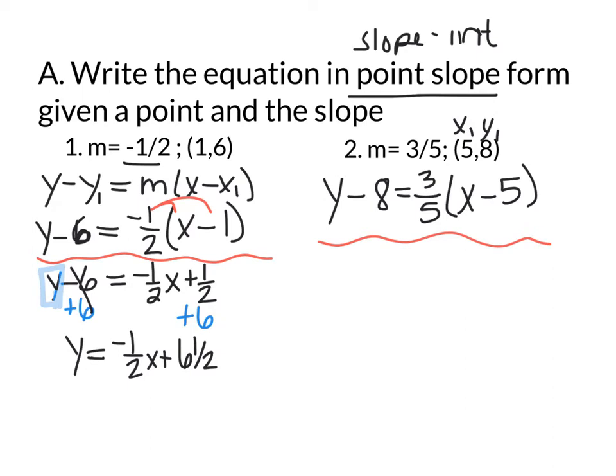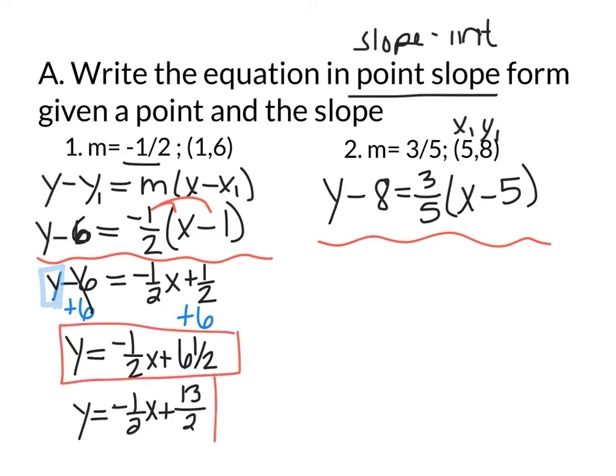And if I want to make that improper, I can. 2 times the whole number is 12, plus 1 is 13. So this would be 13/2. Negative 1/2 x equals y. Either one of these are correct answers in slope-intercept form.